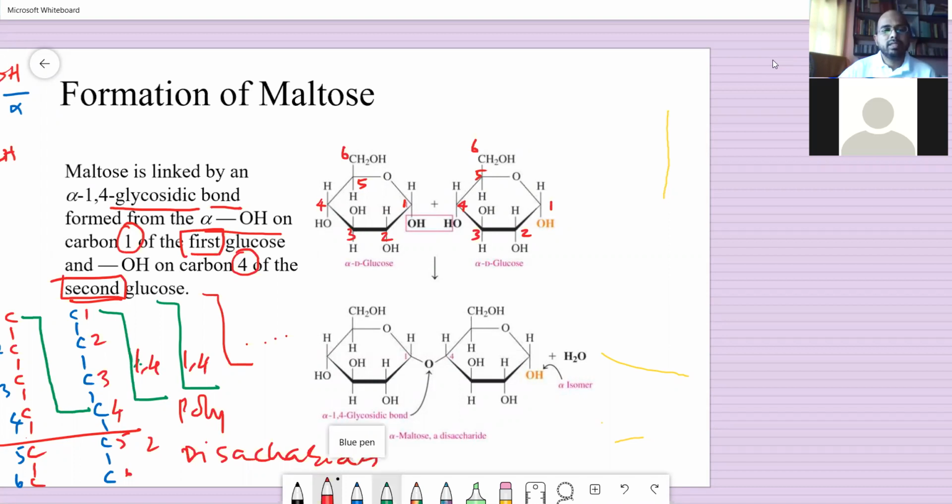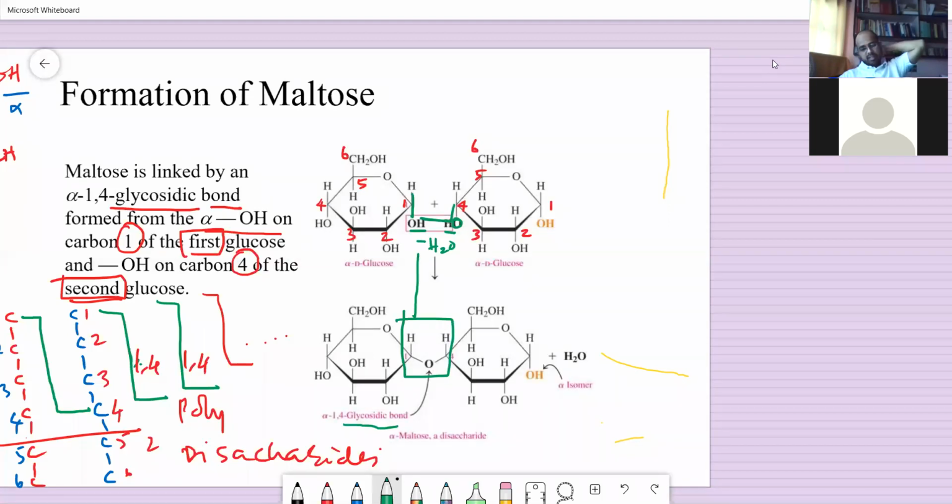Now how have they joined? At the first carbon atom, the CHOH with minus H2O: the OH and the H together go out as water. Then the oxygen that remains acts as the linkage, which I have shown here. So this is called the glycosidic bond.